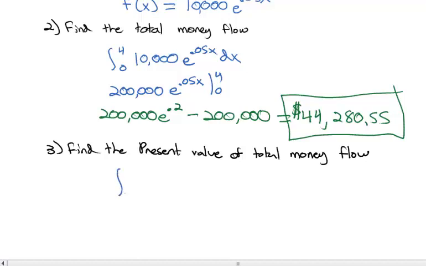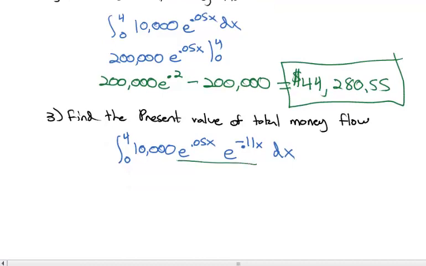For the present value, that's the integral of our function, which is 10,000 e to the 0.05x. And then we multiply the function by e to the negative interest rate times x. The interest rate above in your notes you should see is 11%, so negative 0.11 times x dx, and it's over the 4 years, 0 to 4.